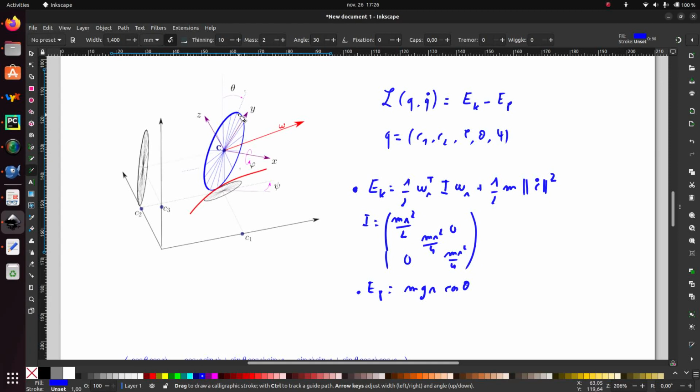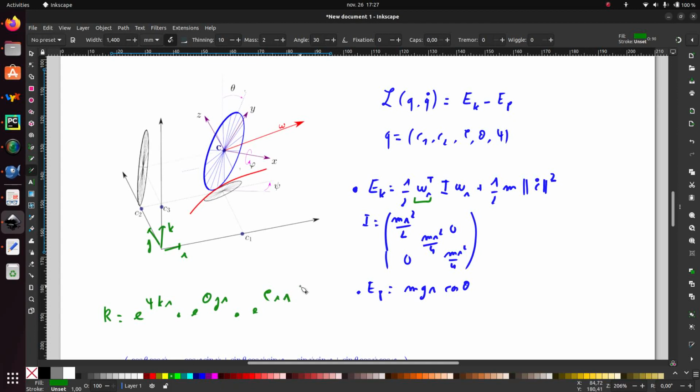Okay. So now, to have an expression of the Lagrangian, I need to express omega R, and for this I will need an expression for R, from which I will deduce an expression for omega R. So recall that R is obtained from the Euler angles by taking the exponential of psi k, with k this vector, multiplied by the exponential of theta j, multiplied by the exponential of phi i.